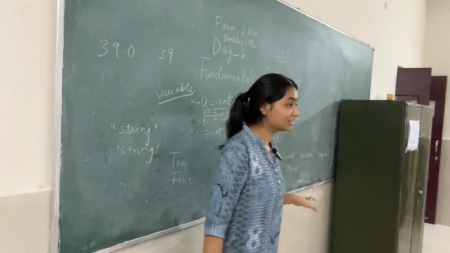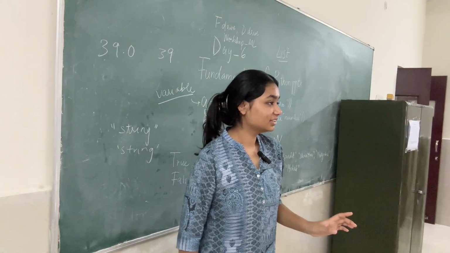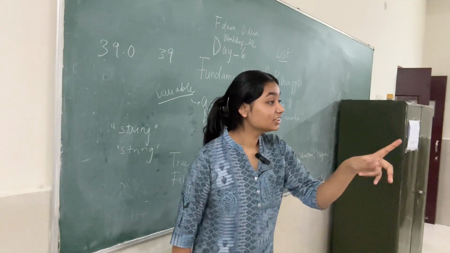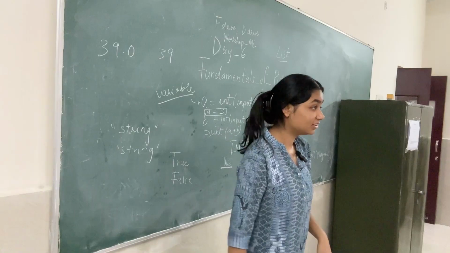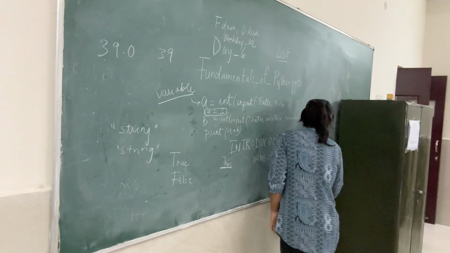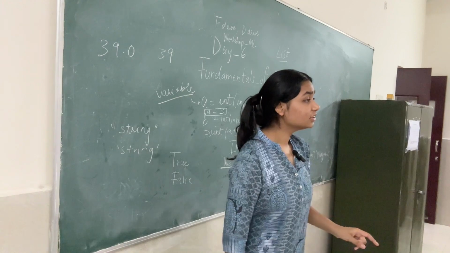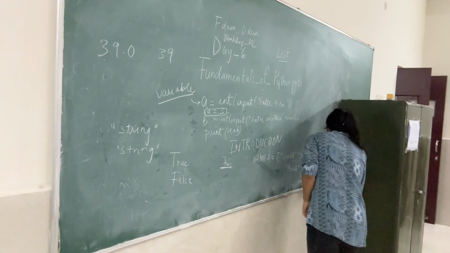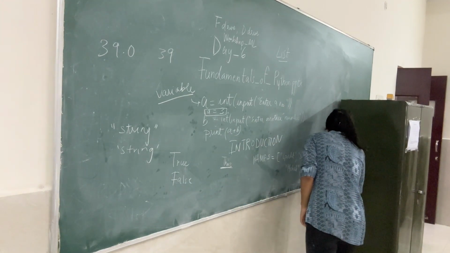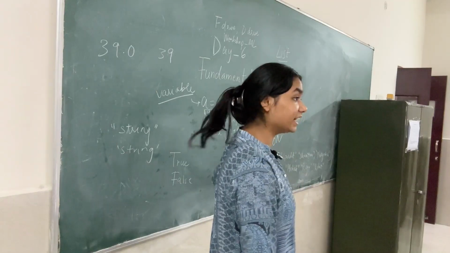You can also give me your name if you want. Ria, Rohit. So this is basically a collection of different strings. All of this is stored inside names.